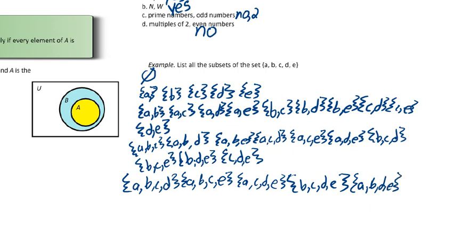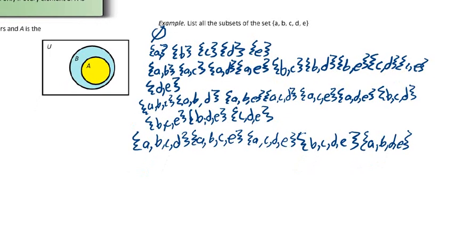And then the last one would be the set of all 5. So it's just the original set we had, A, B, C, D, E.